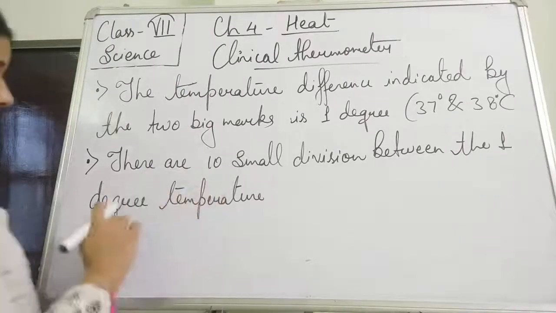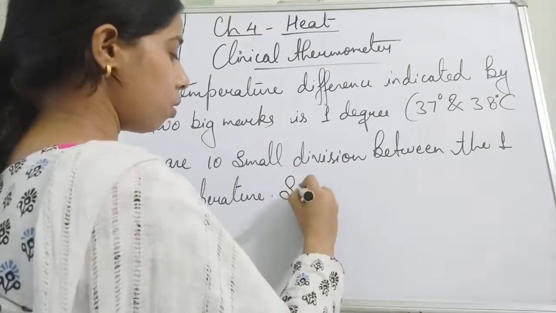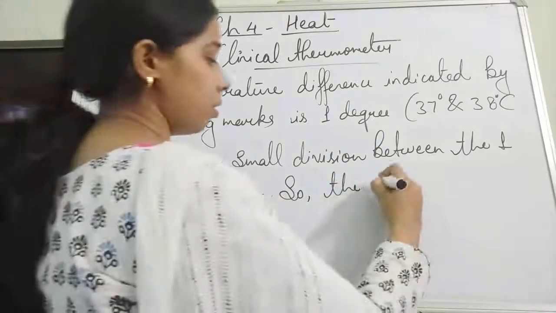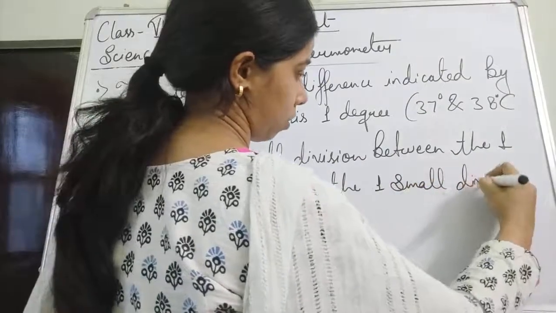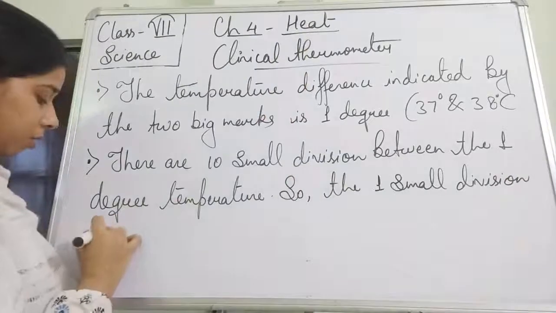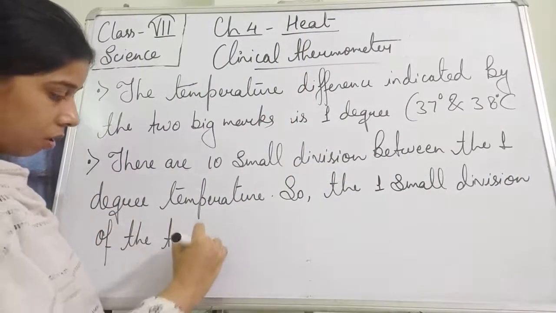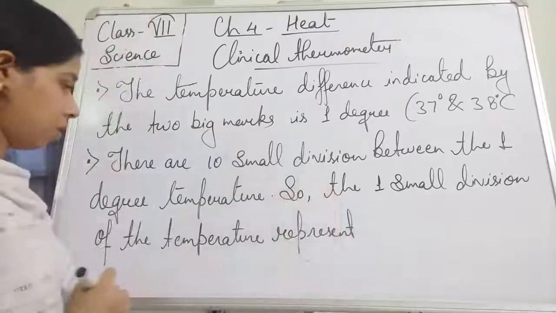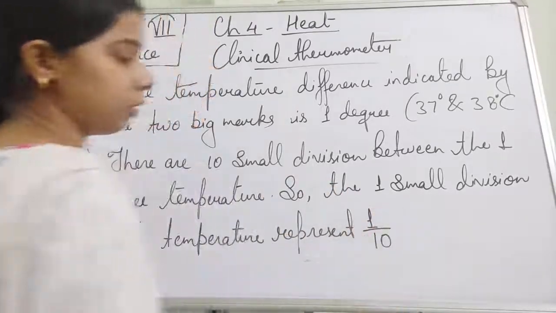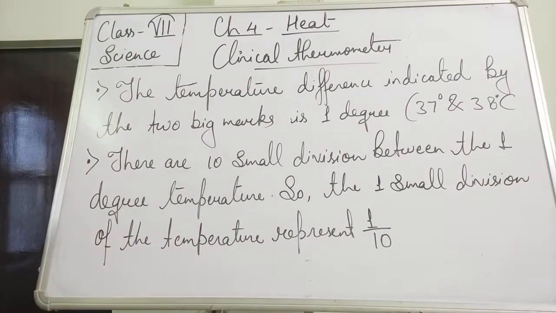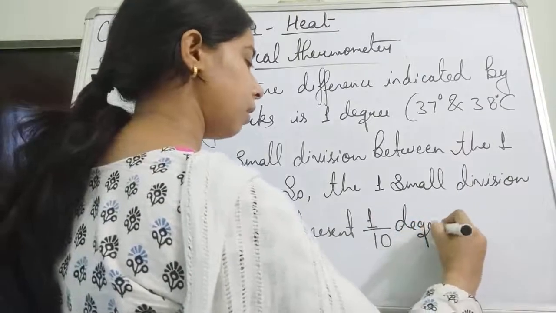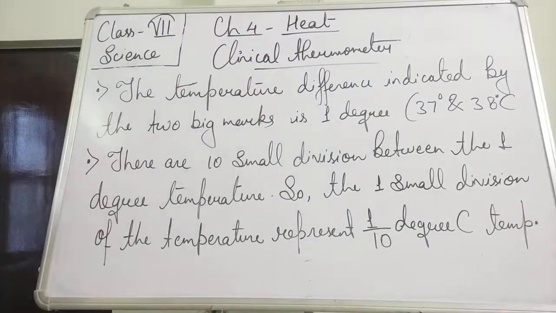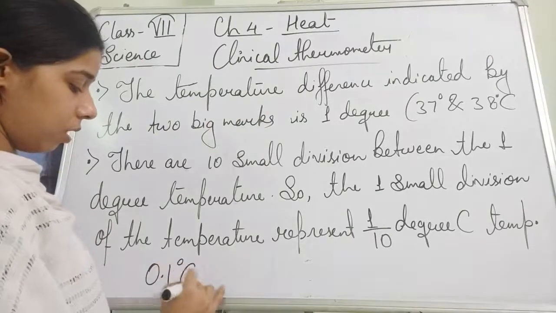So one small division of the temperature will represent 1 by 10th degree Celsius temperature, which equals 0.1 degree Celsius.